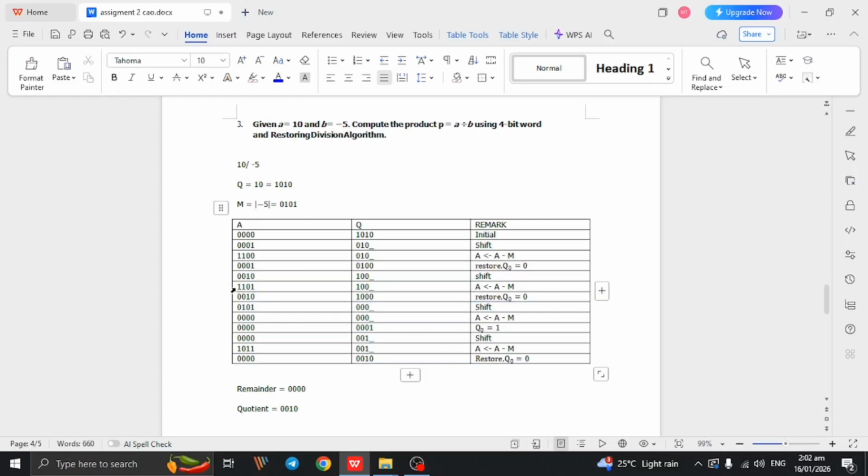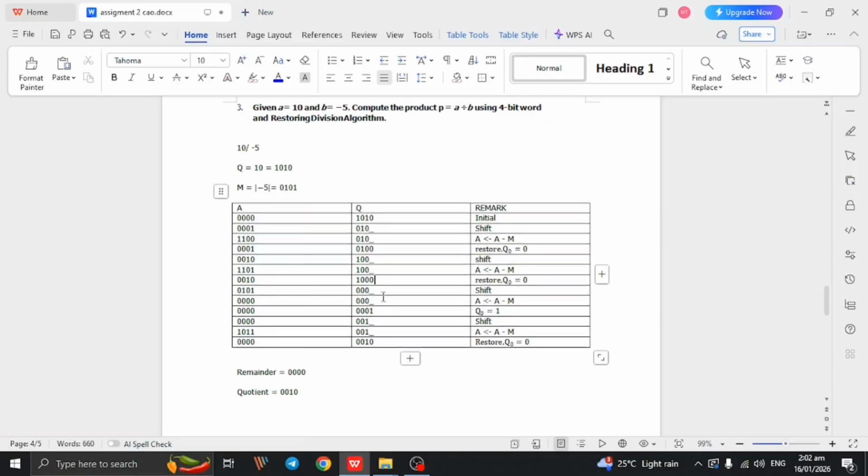Because here it is still 1, we restore the value of a back to 0010, and add 0 to the place. Okay, that's the second cycle.